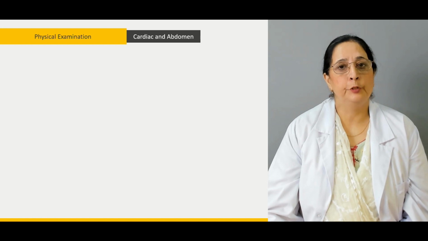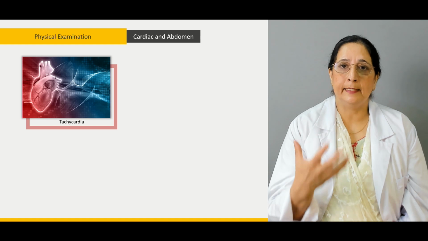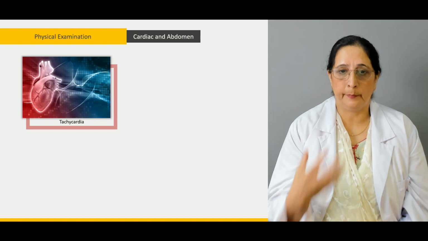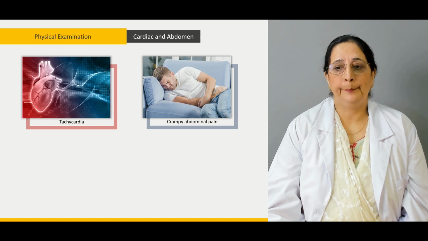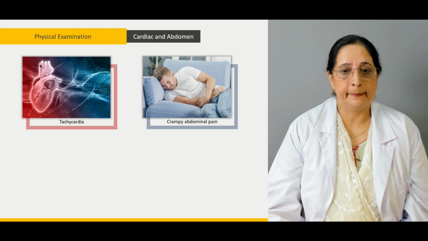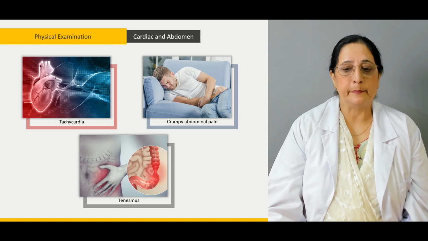Cardiac and abdominal findings: in the heart, there is tachycardia, fast heartbeat, crampy abdominal pain, and there is tenesmus.